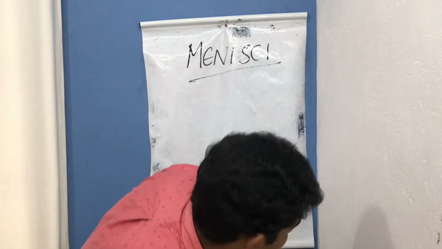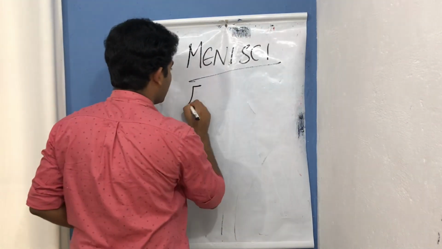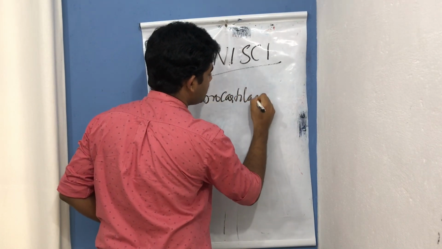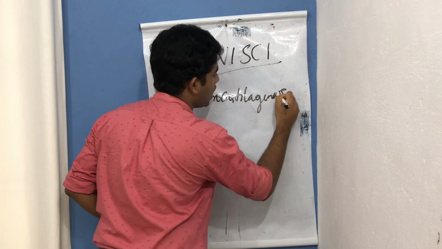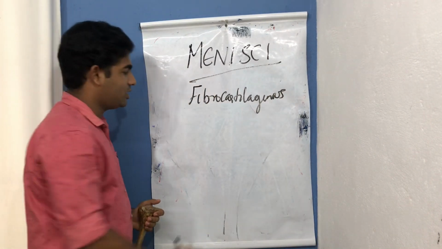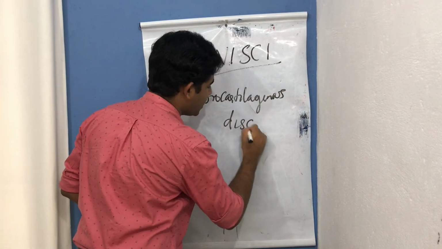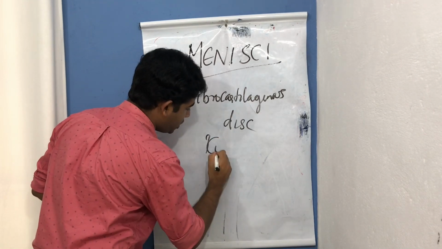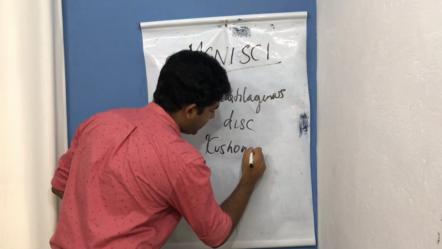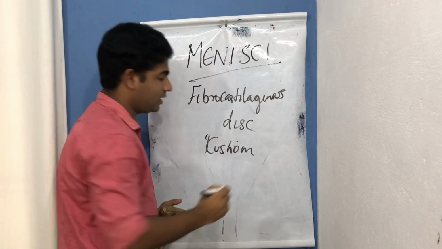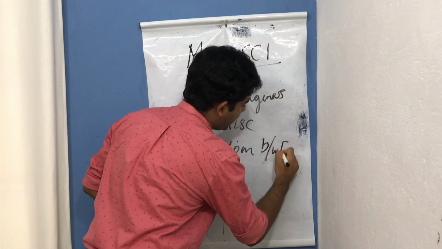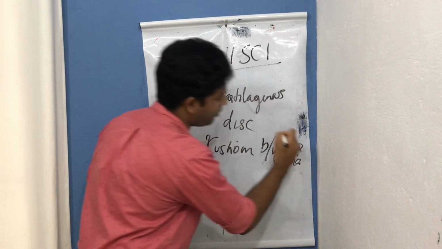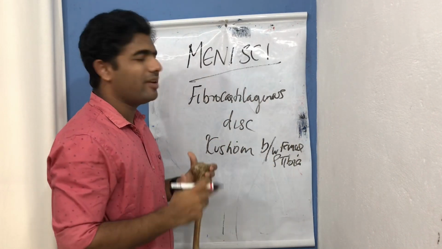If you want to define menisci, these are specialized fibrocartilaginous structures, mostly disc shaped, which act as a cushion between the femur and tibia. This is what the meniscus is.